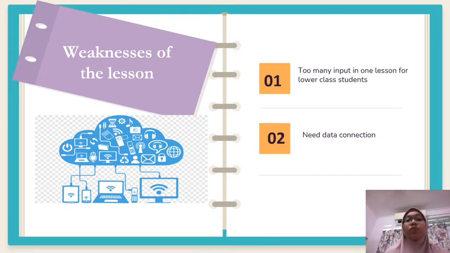But for the lower class students, as I teach Aborigine students, I understand that they need more time to understand even a simple lesson.